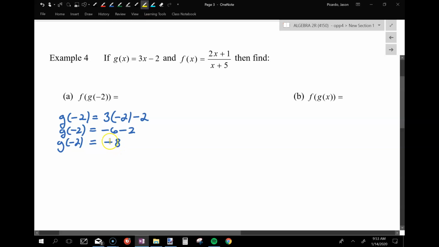What are we going to do with that? Well, this is going to substitute for that, right? Because this statement says g of -2 equals -8. So this g of -2 can be substituted for -8. Now I've got to find f of -8. So I take -8 and plug it into the f function.